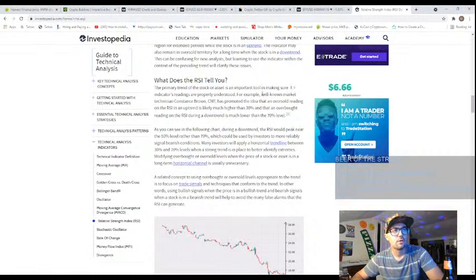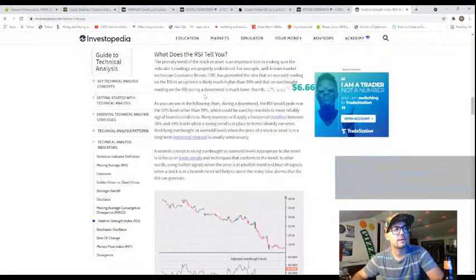For example, well-known market technician Constance Brown, CMT, has promoted the idea that an oversold reading on the RSI in an uptrend is likely much higher than 30%, and that the overbought reading on the RSI during a downtrend is much lower than the 70% level. As you can see in the following chart, during a downtrend, the RSI would peak near the 50% level rather than the 70% level, which would be used by investors to more reliably signal bearish conditions, sellers.